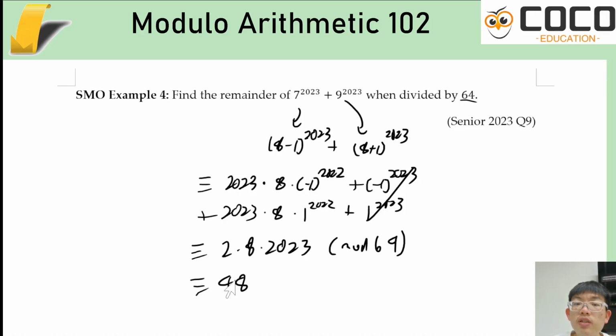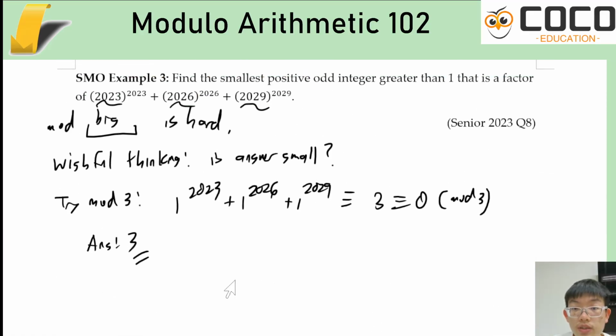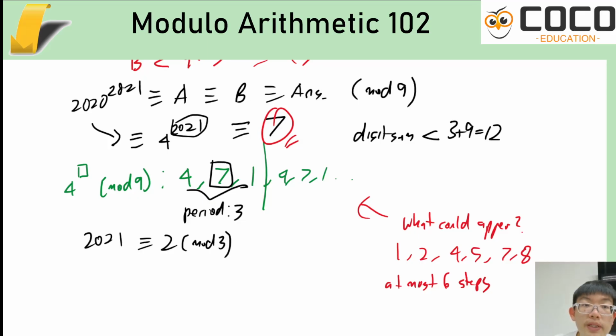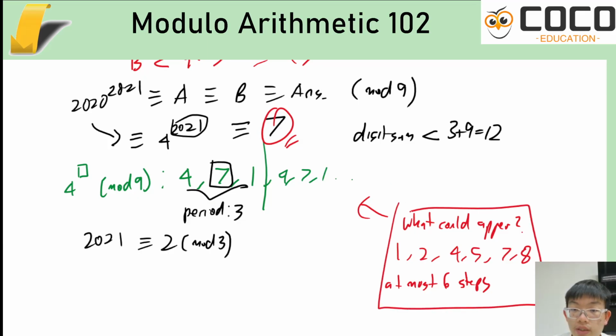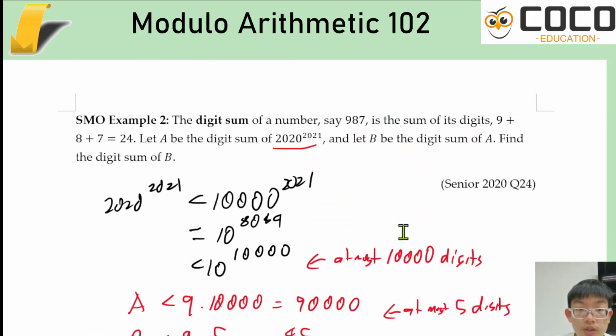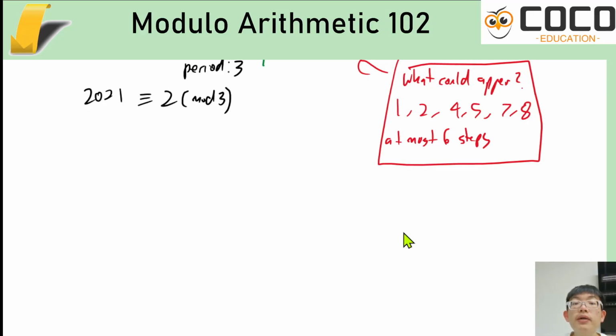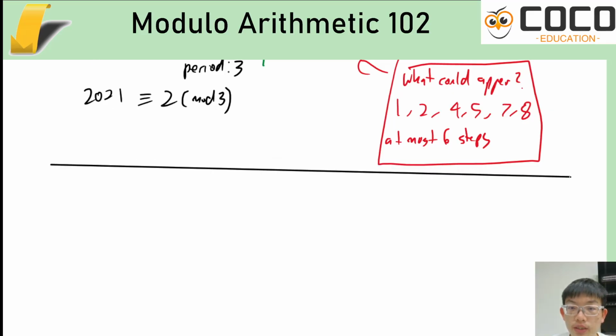But there's already been an eye towards how this will work when I mentioned what could appear in the mod 9 example just now. Basically, what's in the list of what could appear?